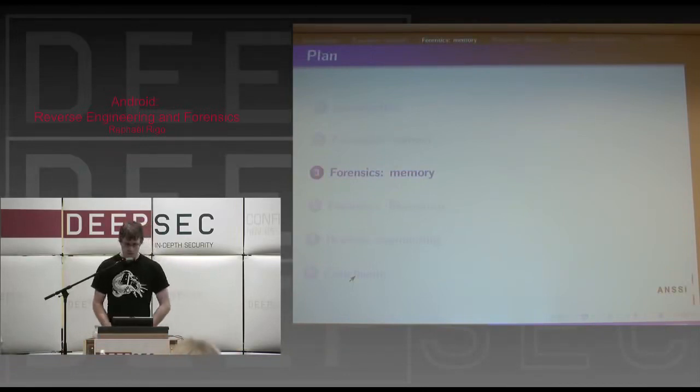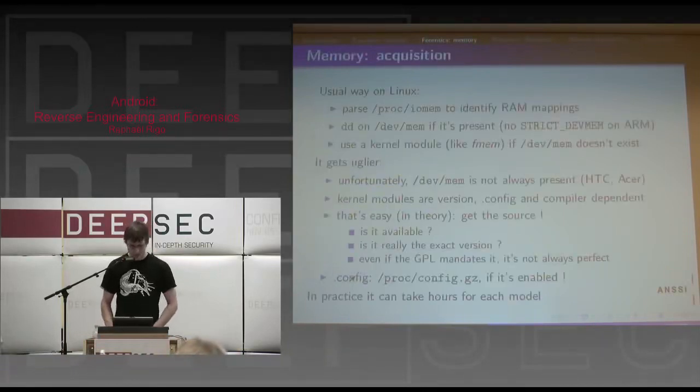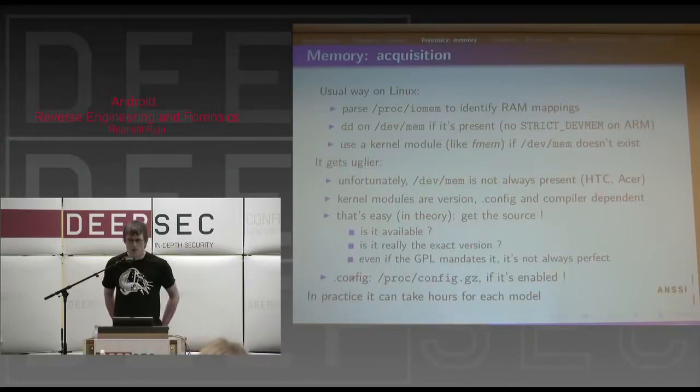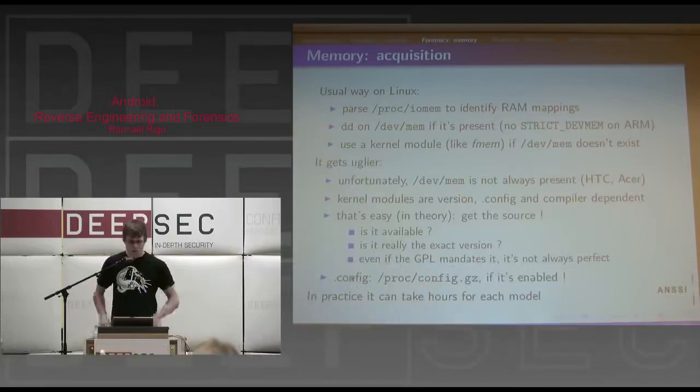Concerning memory, the usual way to acquire physical memory on Linux is to get the RAM mapping from /proc/iomem, then just copy the memory using dd from /dev/mem. On x86 it's not really present anymore, because of strict devmem. But on ARM there is no strict devmem, so if there is /dev/mem, you have no problem.